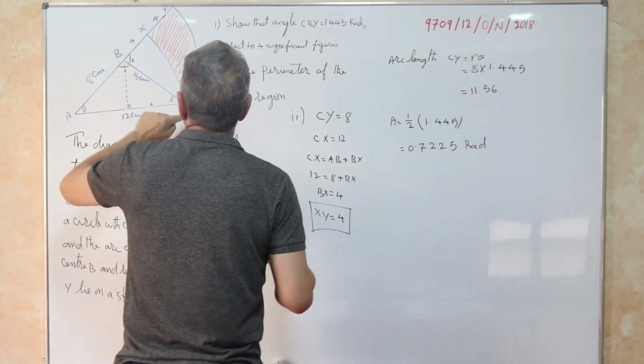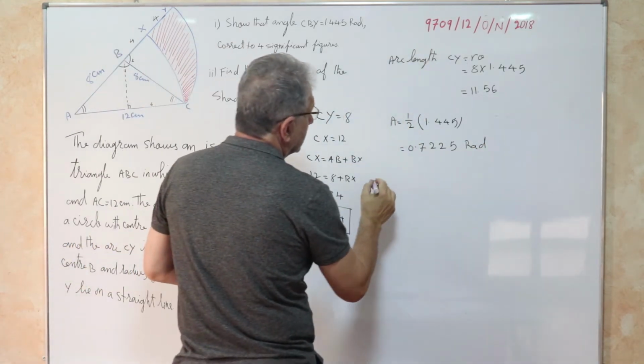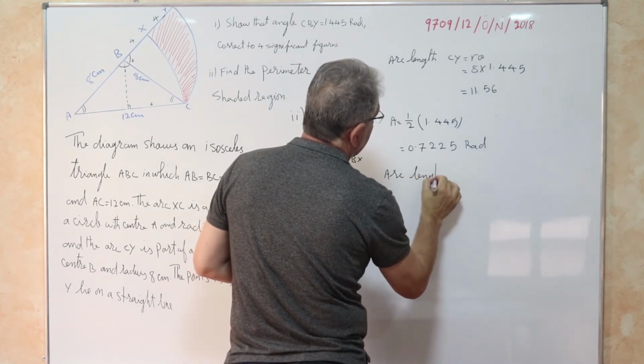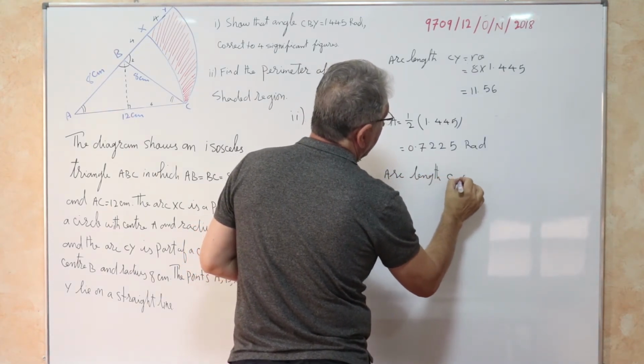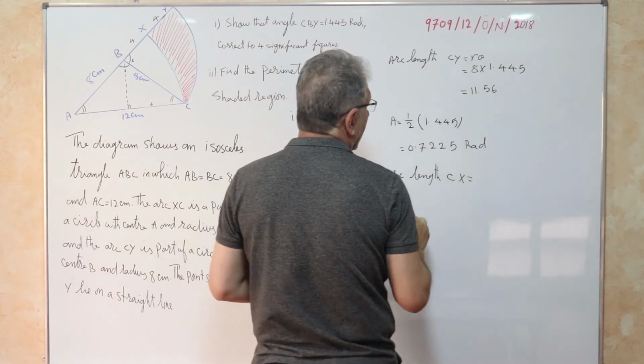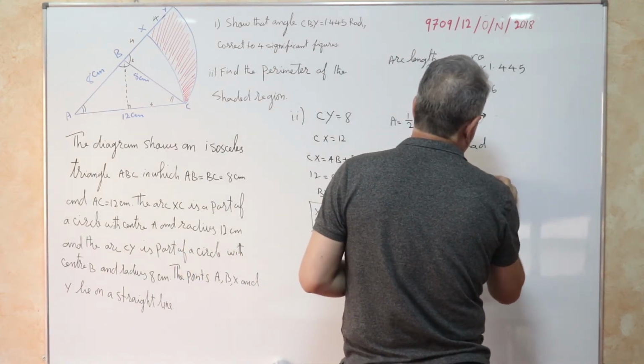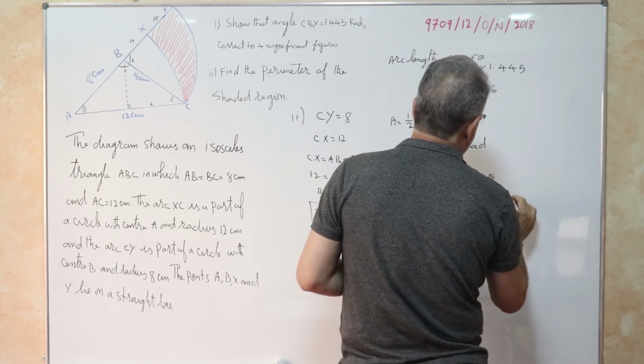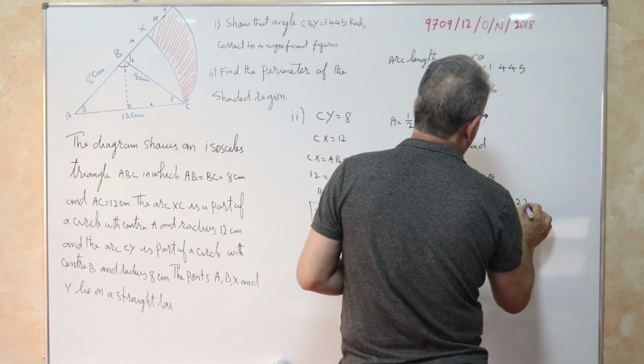Now, again, to find the arc length CX, arc length CX is equal to R theta. Here R being 12, theta being 0.7225.